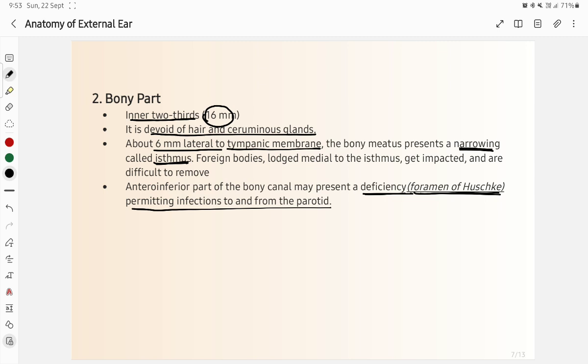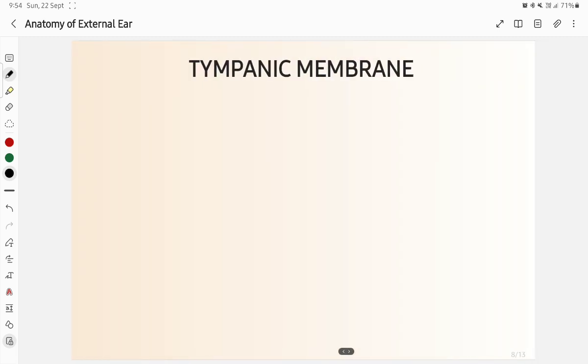Now our next structure is the tympanic membrane. The tympanic membrane forms the partition between your middle ear and your EAC. It is obliquely set. What do you mean by being obliquely set?